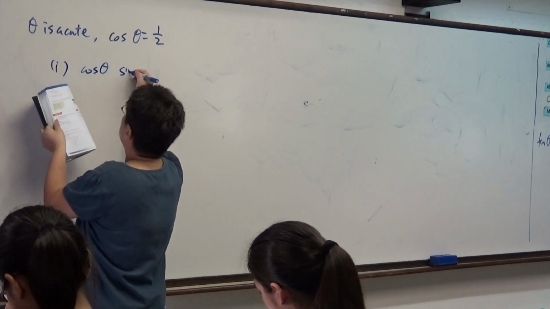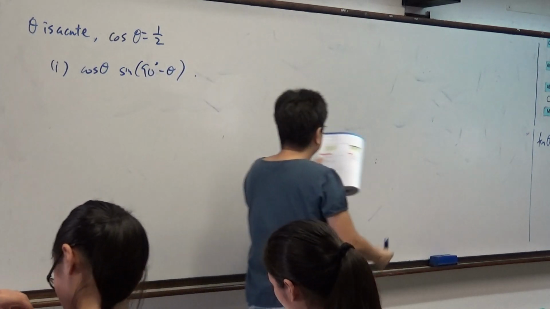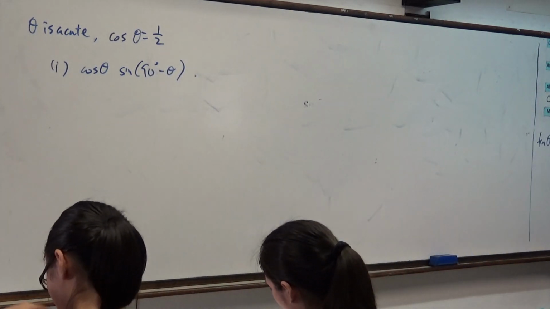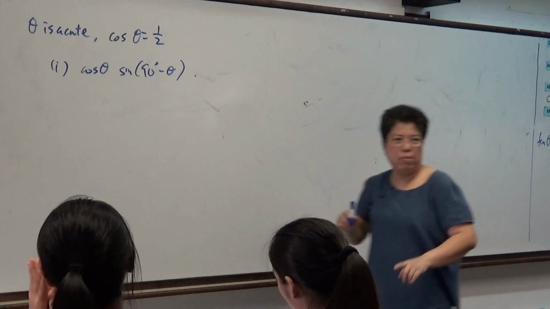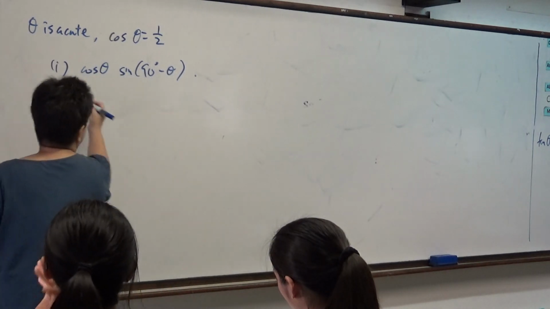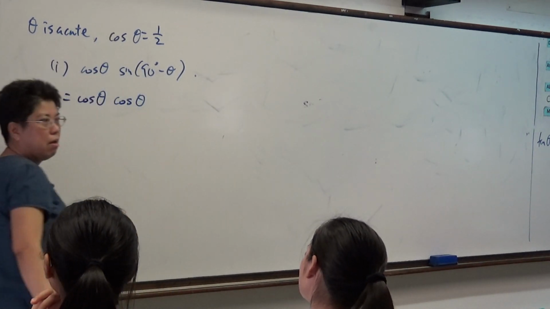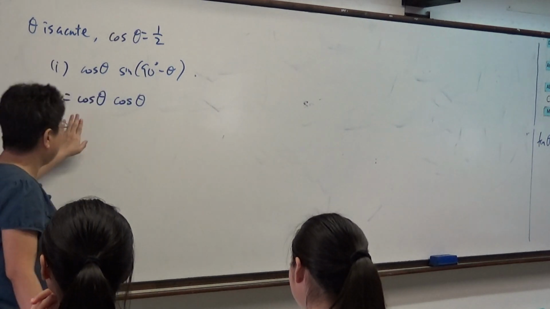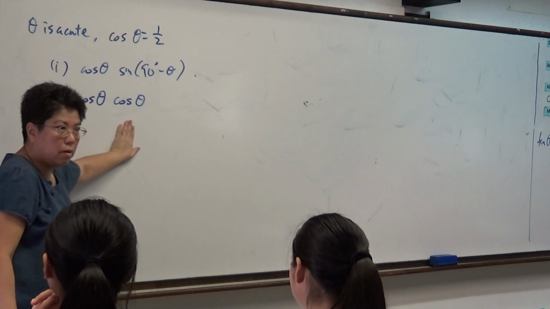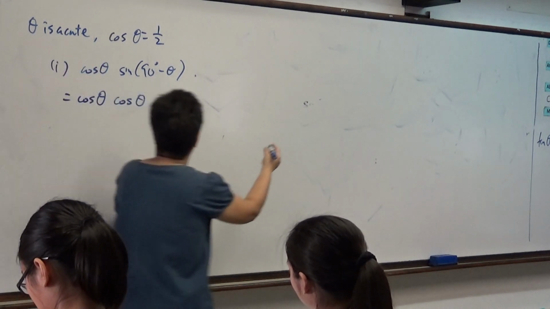Cosine theta times sine 90 minus theta. Okay, I want everybody to look at the box. This is very easy if you use the rule. Everybody listen? This one means cosine theta. Now this one means cosine theta also, right? Because sine 90 minus theta is cosine theta, am I right? So this is cosine theta times cosine theta. Am I right to say that? You look at the rule just now.